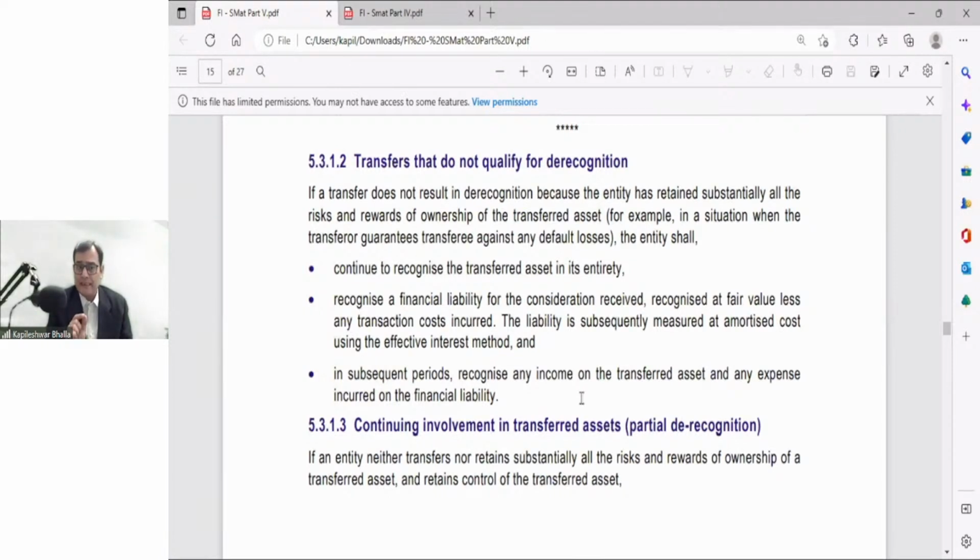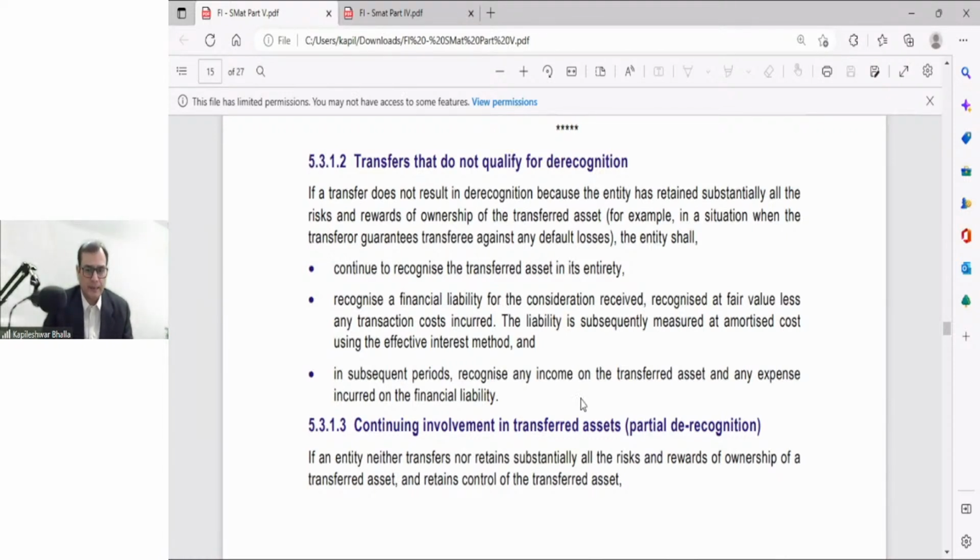If you look at the second section, transfers that do not qualify for derecognition, in the study material, it is very clearly given that you continue to show the transferred asset in its entirety. So once the financial asset cannot be derecognized, you need to continue the asset in the books of accounts. But it says recognize a financial liability for the consideration received, which is taken at a fair value less any TC. The liability is then subsequently measured at AC using an effective interest method.